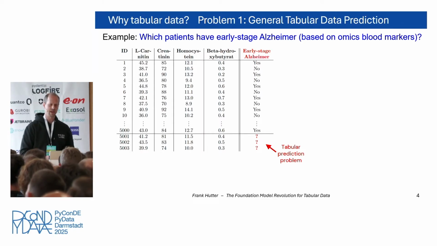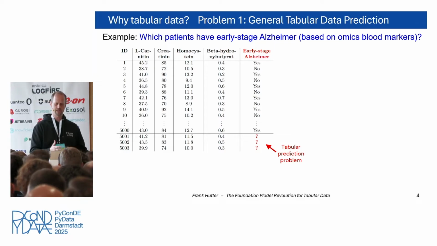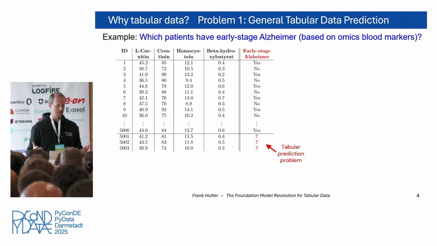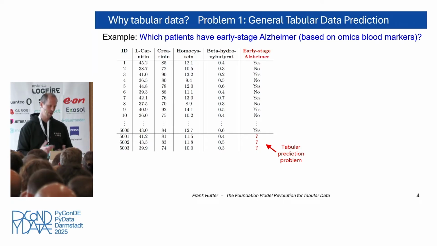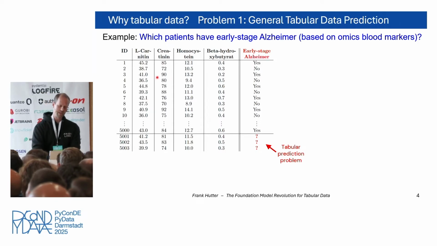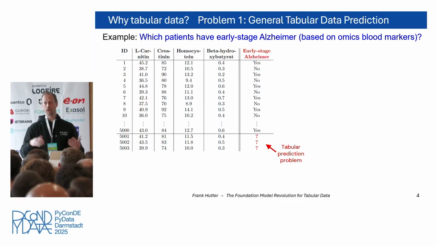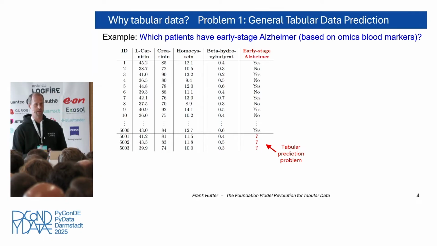So for example, in this case, which patients have early-stage Alzheimer's based on some omics blood markers, some numbers that I don't know anything about, but you can measure these omics blood markers from your blood and then predict whether, based on historical data, people with these blood markers had early-stage Alzheimer's or did not have it. And then you have new patients where you can wait 3 years and you know whether they had early-stage Alzheimer's, but then it's too late to treat them. You want to know now whether they're having it right now so you can treat it. So that's a typical tabular prediction problem.